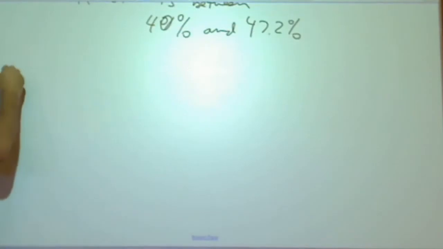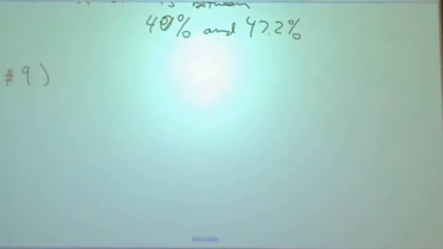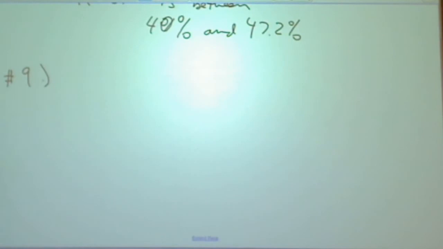Okay, so number 9, you kind of already gave it away. I kind of said it was a hypothesis test. What's a clue to you that it's a hypothesis test versus a confidence interval? It's asking for small.